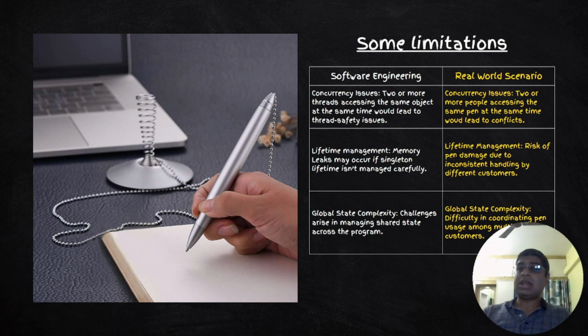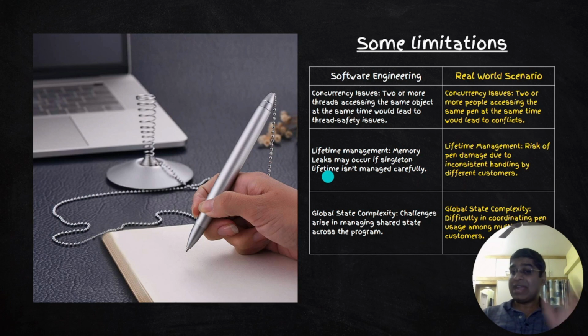Now how best can I explain this in the analogy? Two or more people accessing the same pen at the same time would lead to conflicts, right? There cannot be 2 people who are using the same pen, because at the end of the day there's only one pen, right? So this is a problem which you have to somehow resolve. So this is again a problem in software engineering, right?